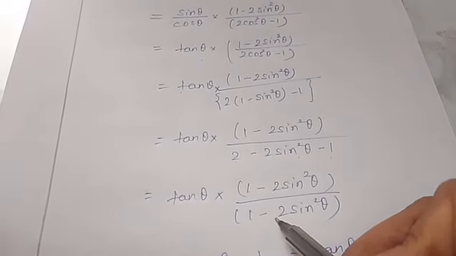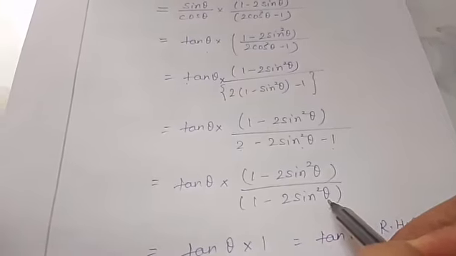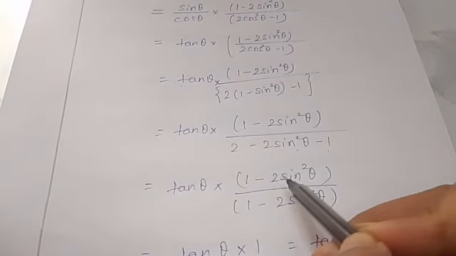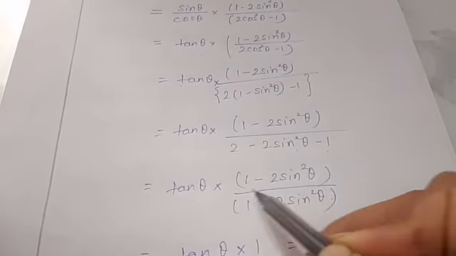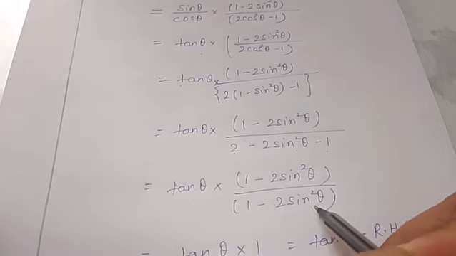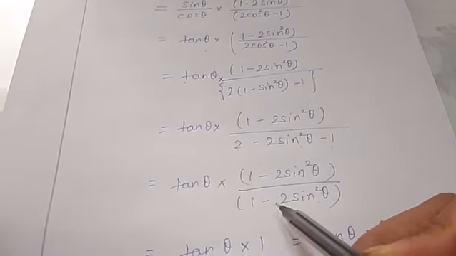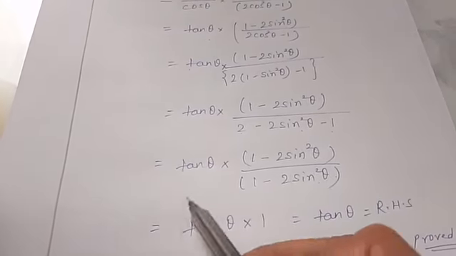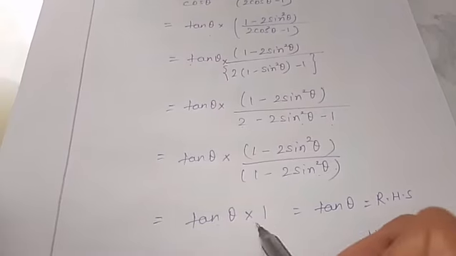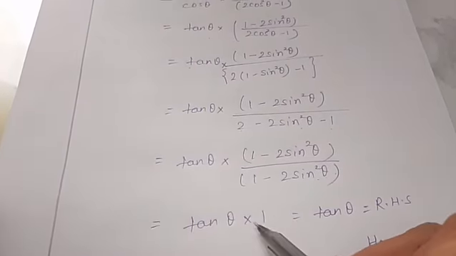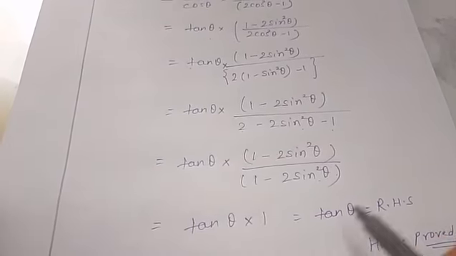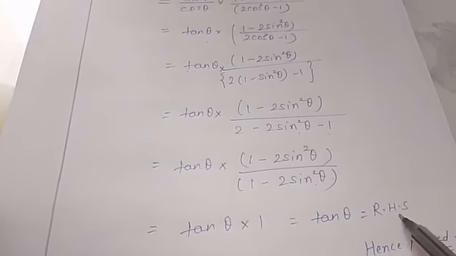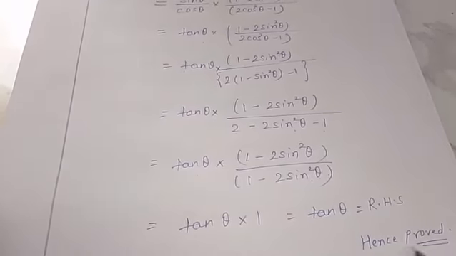Two 1s are 2, minus 2 sin square theta, minus 1. The denominator becomes 1 minus 2 sin square theta. So (1 minus 2 sin square theta) upon (1 minus 2 sin square theta) cancels. It gives 1, so that it's equal to tan theta into 1. Tan theta into 1 becomes tan theta. It's equal to the right hand side. Hence proved.